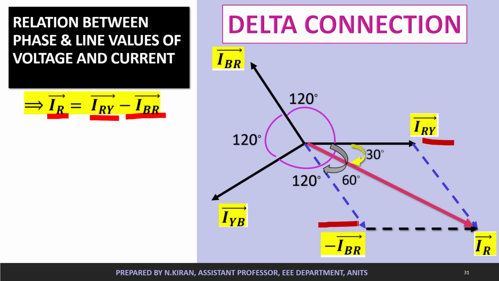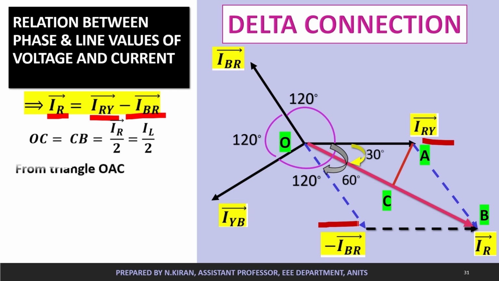Now I'll draw the perpendicular bisector which divides my line segment IR into two equal halves. I'll designate the points by O, A, B and C. The magnitudes of OC and CB are equal, which in this case is IR by 2. Consider the triangle OAC.